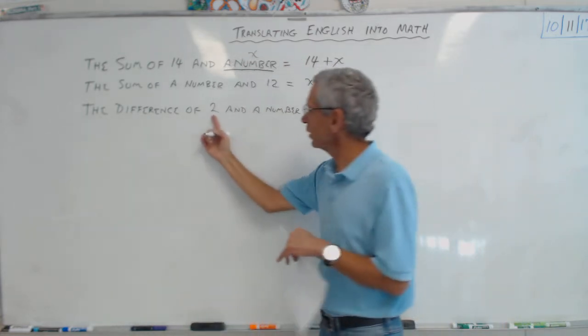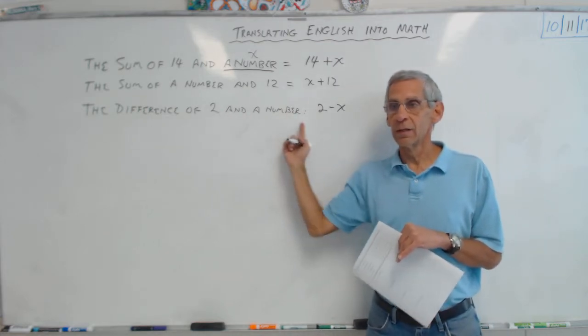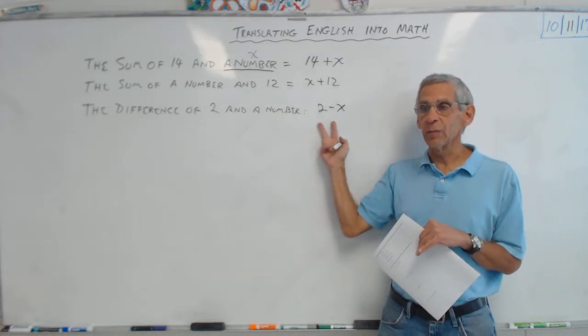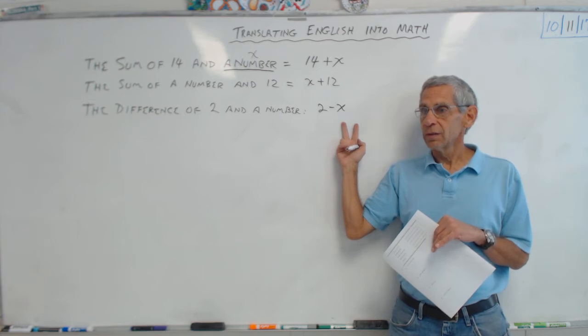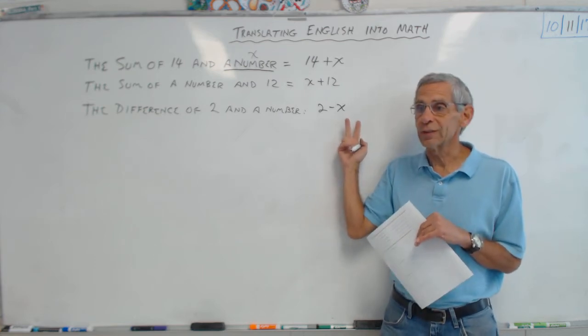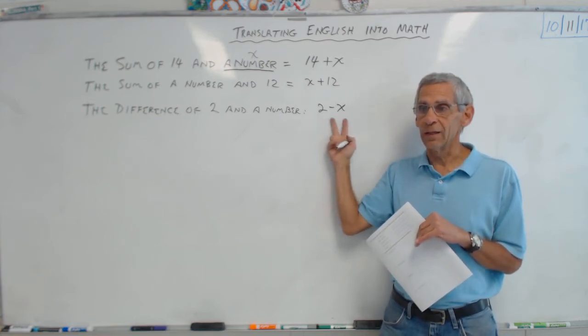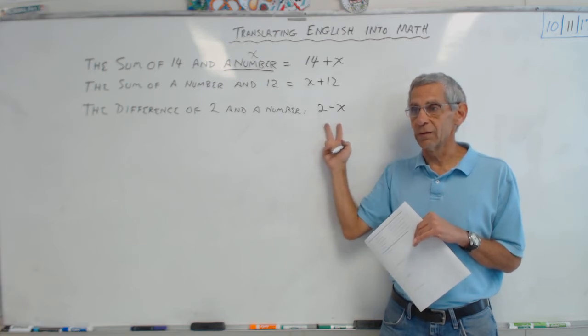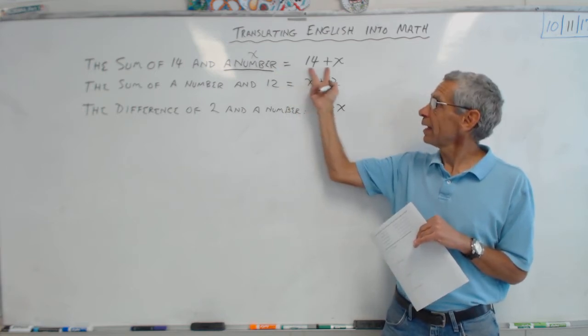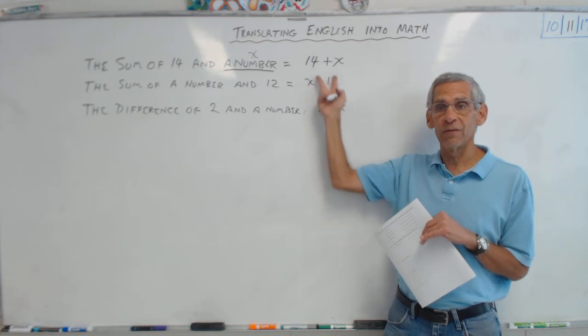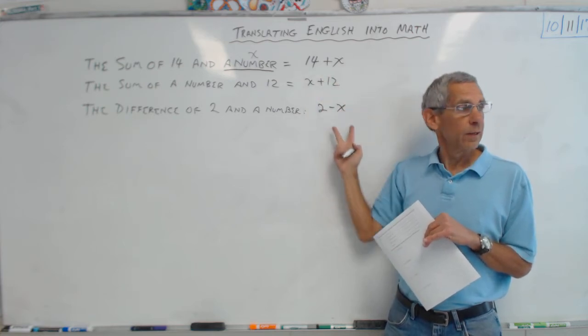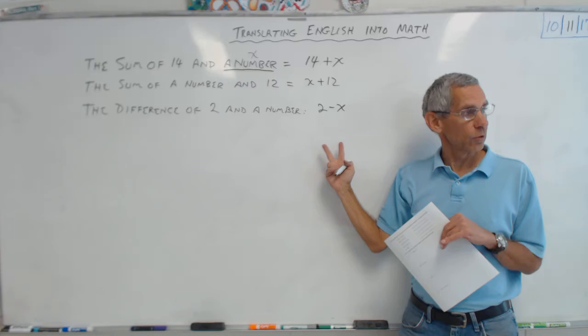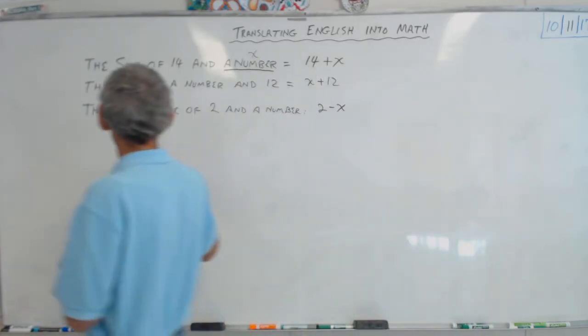This is why it's so important to follow the order that's given. Because if you had said x minus 2, it wouldn't be the same, right? Let's say x was 10. 2 minus 10 is negative 8, but 10 minus 2 is positive 8. With a sum, the two orders turn out to be the same value, but with difference, it won't be. So you've got to always understand those things.